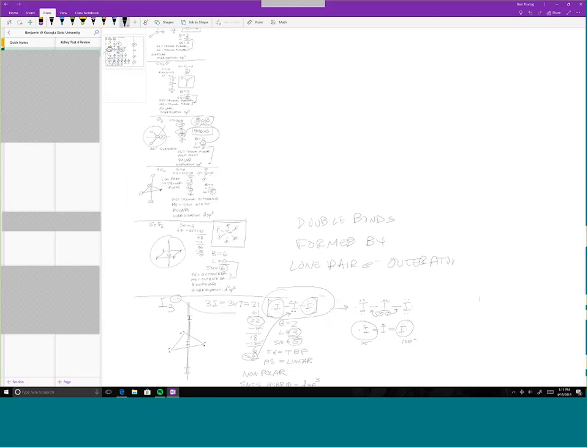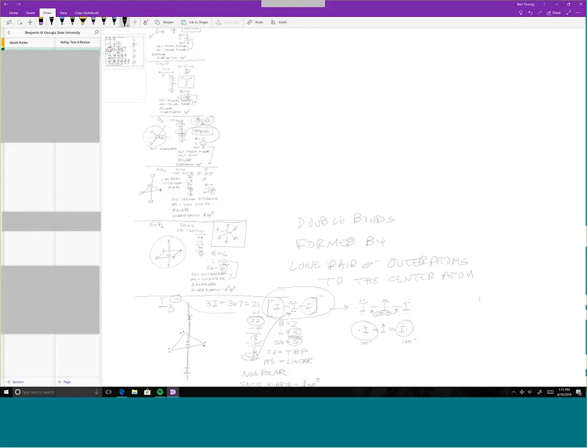I'm so glad you asked. To the center atom. We never form double bonds by taking lone pairs off the center atom and rotating it out.